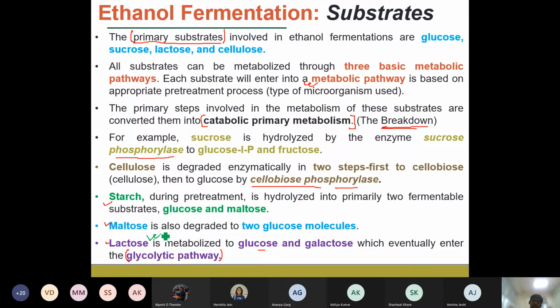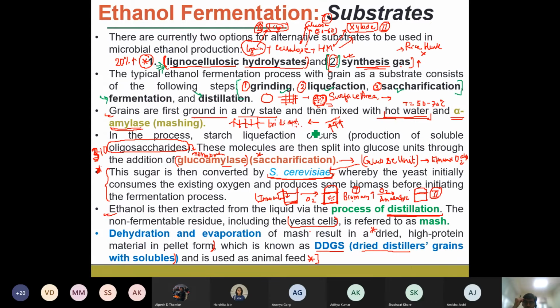This process of breaking down disaccharides or polysaccharides into fermentable sugars is what is called catabolic primary metabolism. Suppose you are given a substrate like rice husk or sugarcane straw for the production of ethanol, which you are going to use as a biofuel in your automobiles.